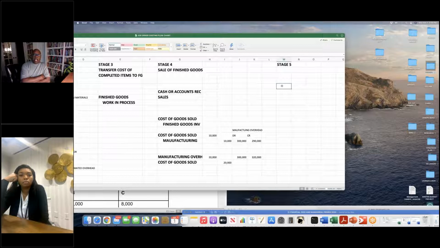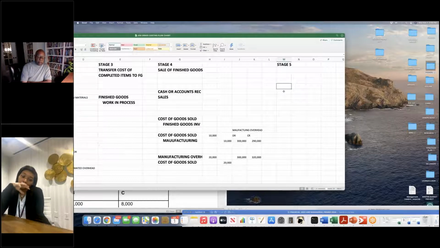So we pay all the operating expenses, selling expenses, administrative expenses, and dividends. So I don't even put those in. You had your 22 journal entry types, other than the ones dealing with the sale of the items and the cost of goods sold. They all occur in stage 5.